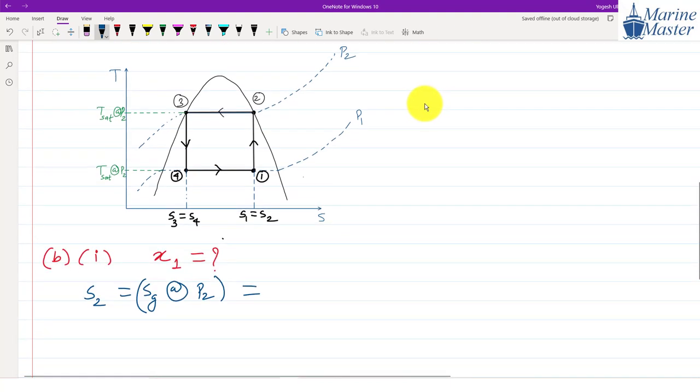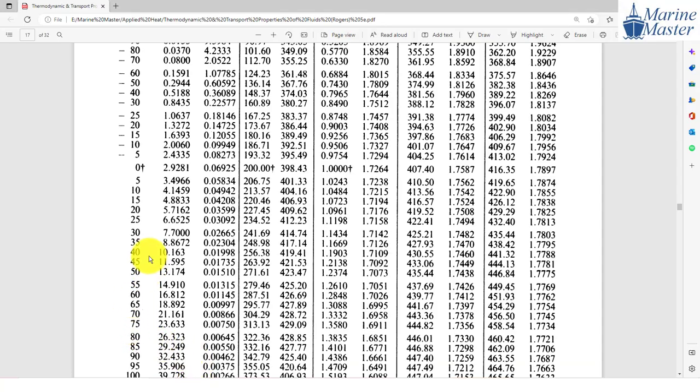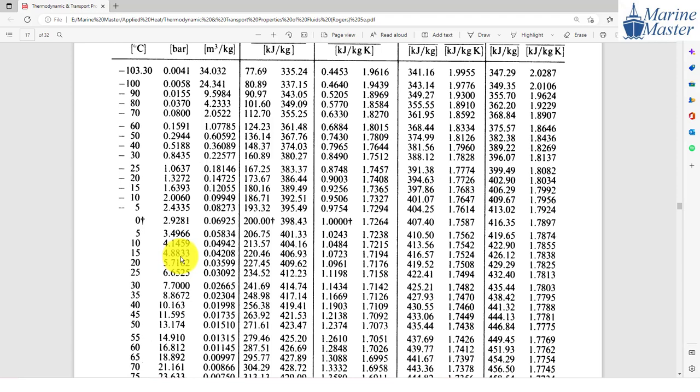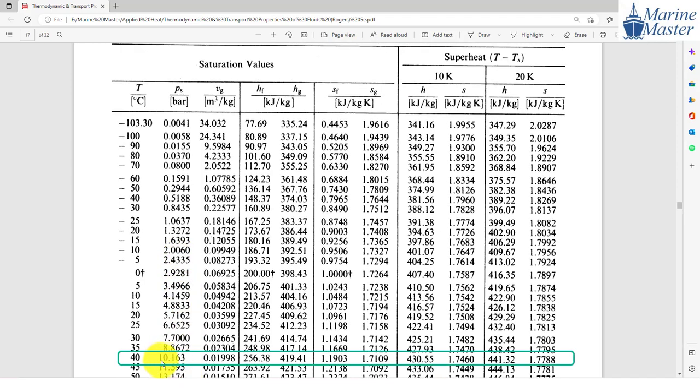So we will go to the property table and look at 10.163. For this pressure we need the corresponding Sg value. How much Sg value are we getting?